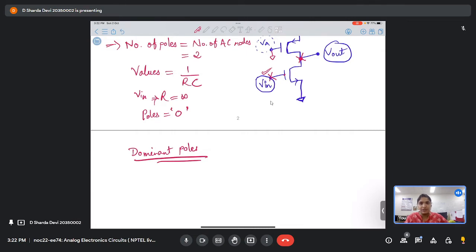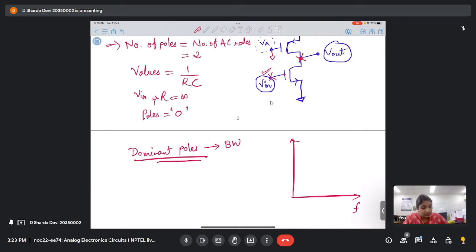What do you understand from that? Pole that is closer to origin when we plot. Yeah. Basically it is the pole which will give you the bandwidth. Simply speaking, the first pole.